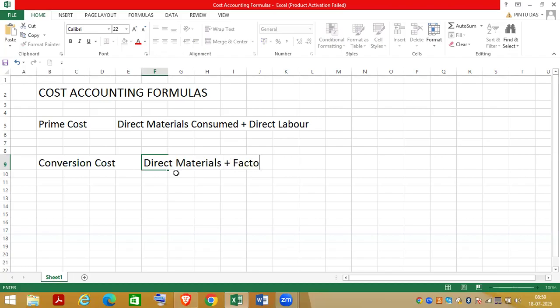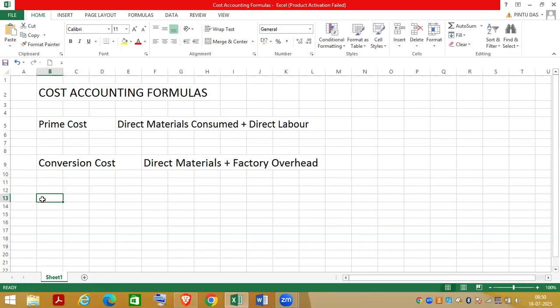Now what is a factory overhead? Factory overhead is electricity, or if the company is paying rent on the factory space, or water consumed. All those things come under factory overhead.